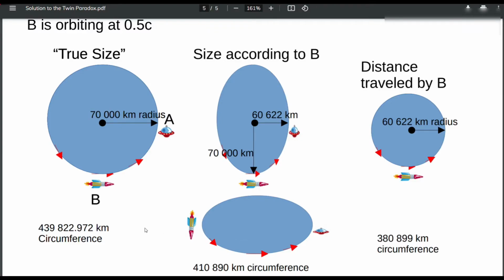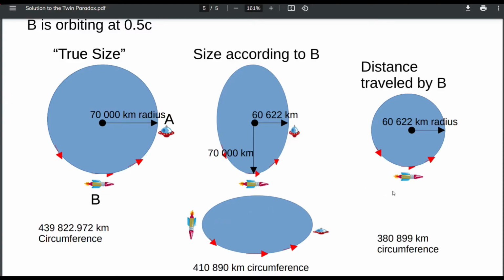So although the true size of the orbit is 440,000 kilometers, when B is in motion and looking at the orbit from outside his window, he will actually see the circumference as 410,000 kilometers. And B will see an oval rather than a circle.